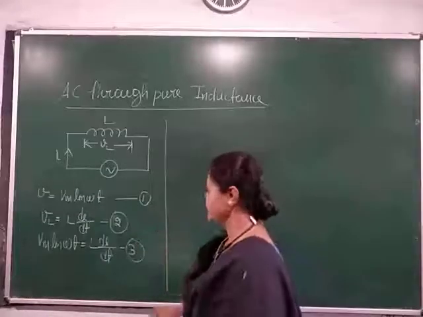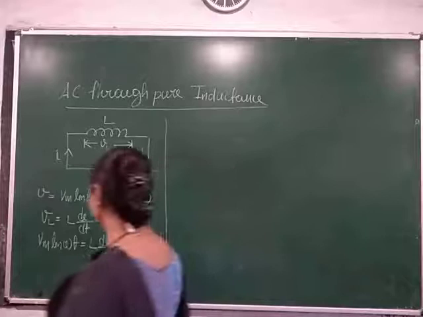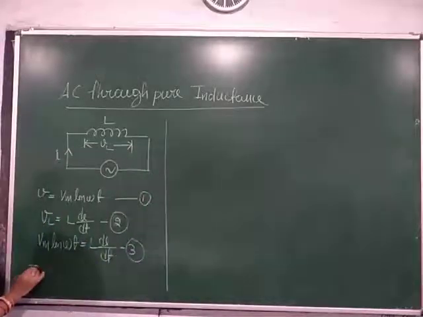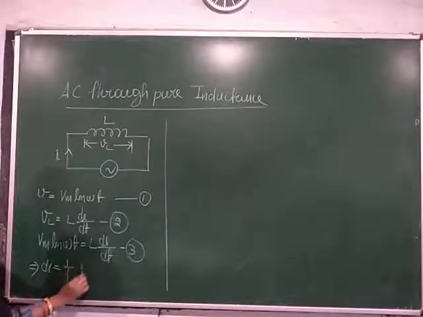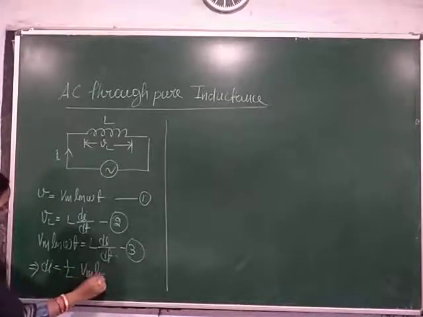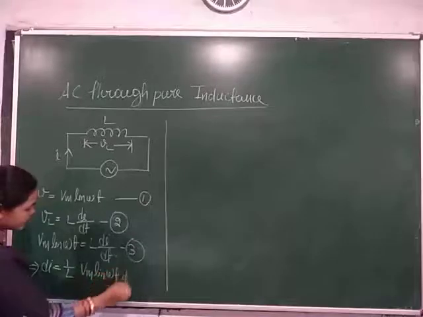So if you simplify this equation, it becomes di is equal to 1 by L Vm sin omega t dt.